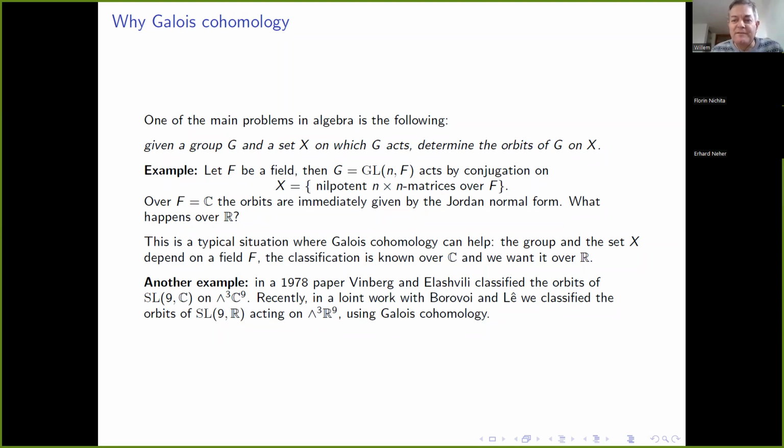There the orbits had been classified over C by Vinberg and Elashvili, published in 1978. And we did the real version of that using lots of Galois cohomology. So that is the first motivation for Galois cohomology.